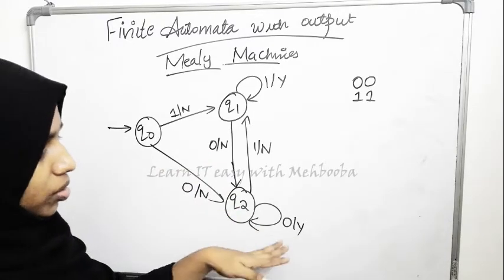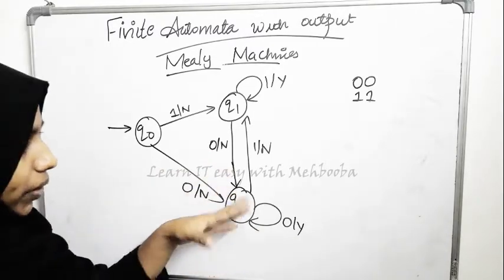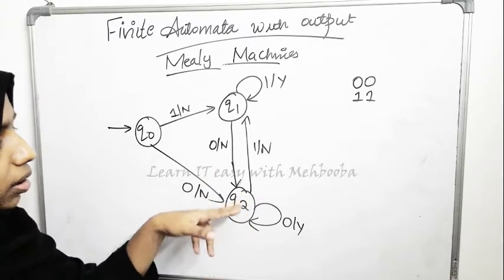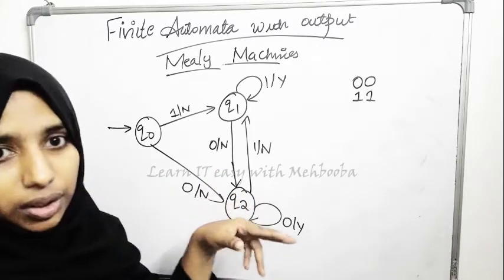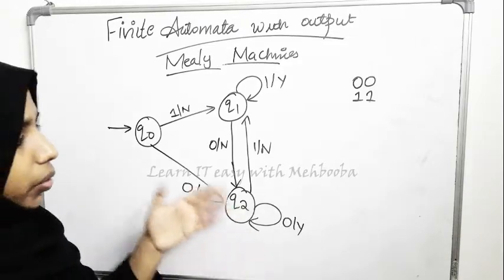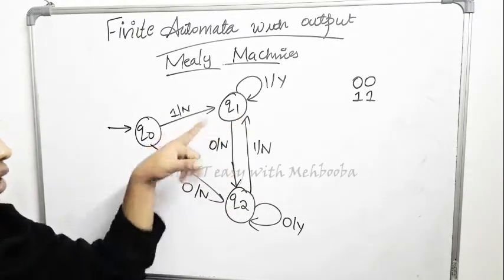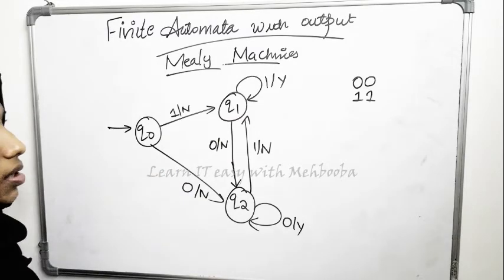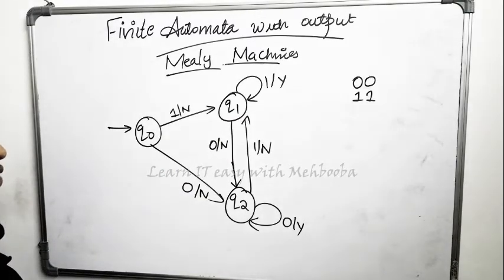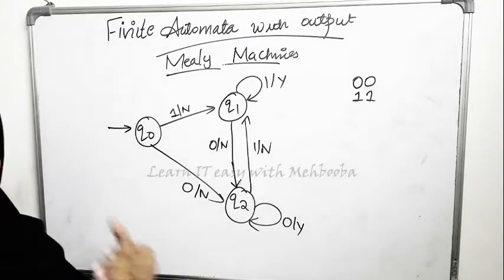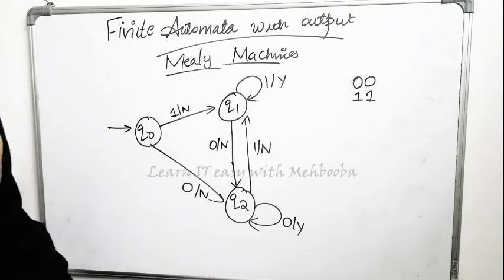Now if you are getting more zeros, fine, otherwise no way. Now if you are getting a 1 here, the 1 is coming after zeros, so no way, you need at least one more 1, so you will be sent to this position. Now if you are getting more ones, fine. That is an example for a Mealy machine. That is, outputs are associated with transitions, not states. Hope that is clear.